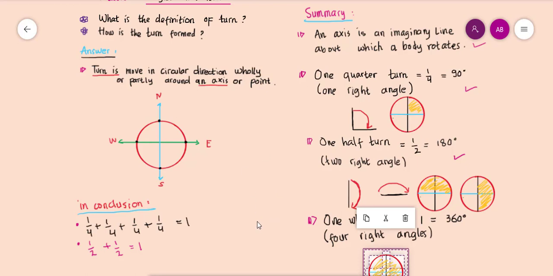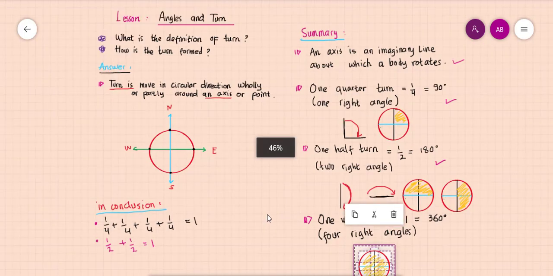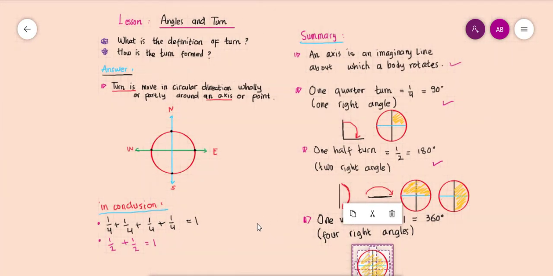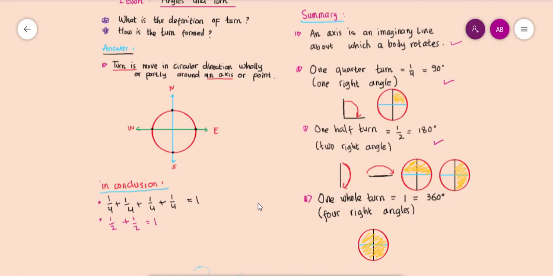And the second is a half, and a half is equal to 1. Or a half and 1 over 2 and 1 over 2 is equal to 1 whole.